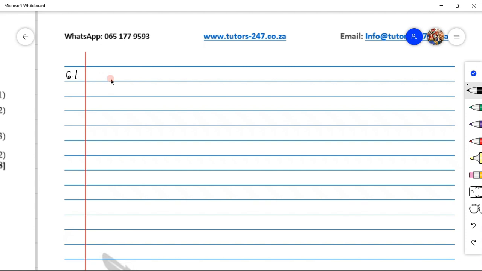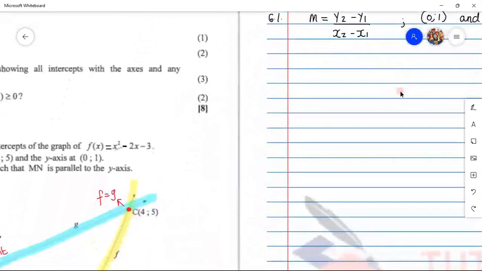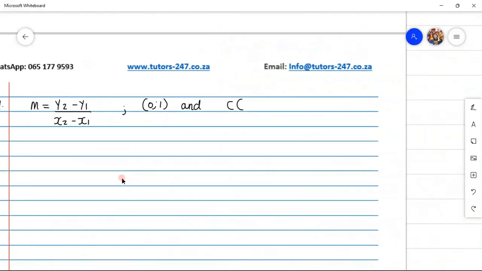We need to find the equation of g. So going to find gradient first. We know that gradient equals y2 minus y1 all over x2 minus x1, and we are going to use the coordinates 0 and 1 and coordinates of c, which are, let's go back and double check, coordinates of c are 4 and 5.